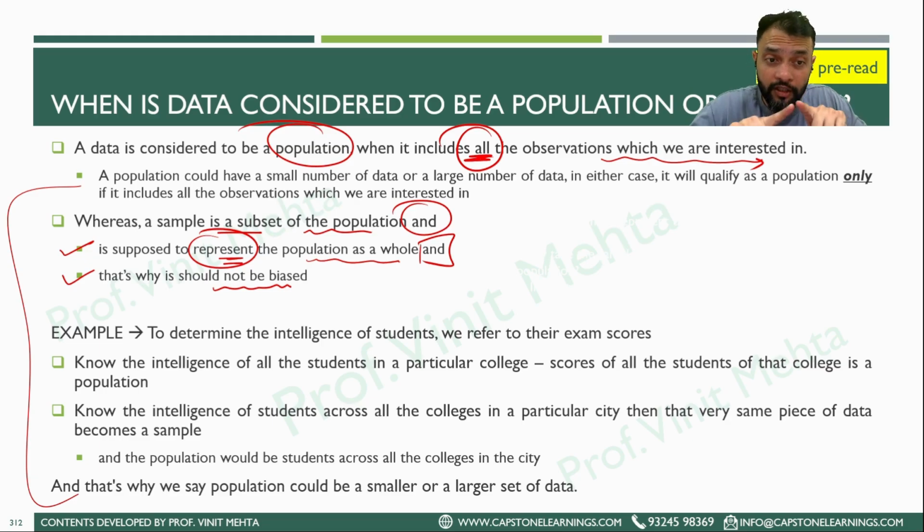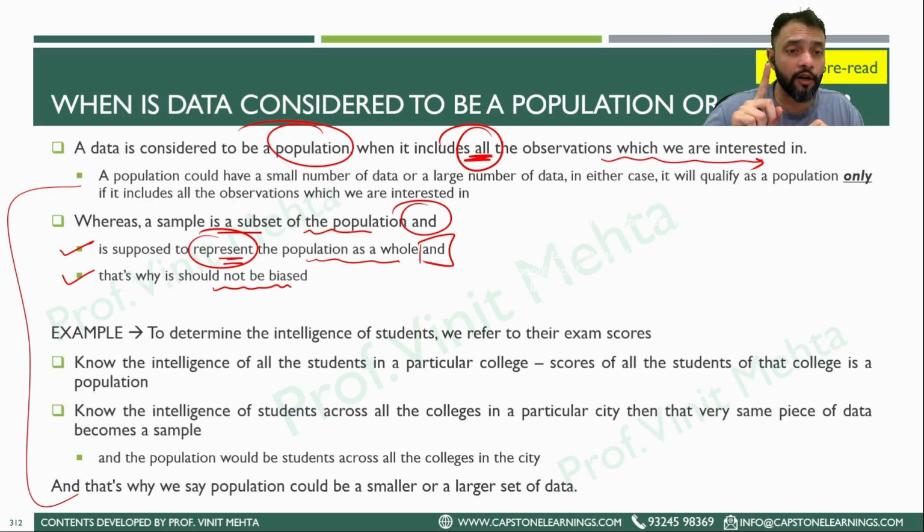Because if all the colleges of the world do not have the same syllabus as those 10 Indian colleges, can I say those 10 Indian colleges will not represent the population? It will give us the wrong understanding of the population. Let's say all the 10 Indian colleges are only focused on commerce and science as a stream.